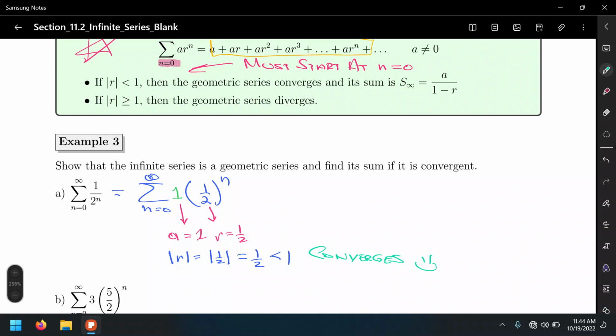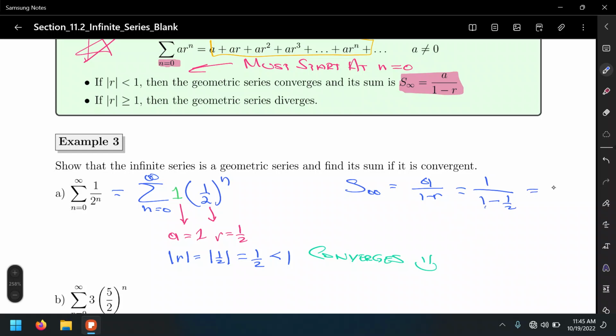And because it's a geometric series that converges, we may go about computing the infinite sum using this formula right here. Alright? So that's S infinity equals a over 1 minus r, which is 1 over 1 minus 1/2.